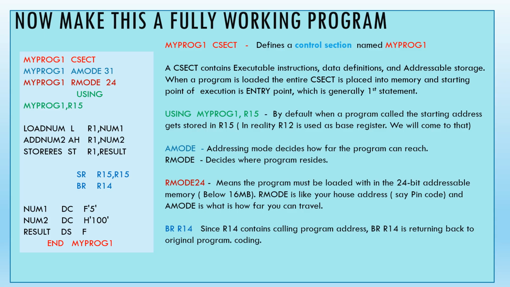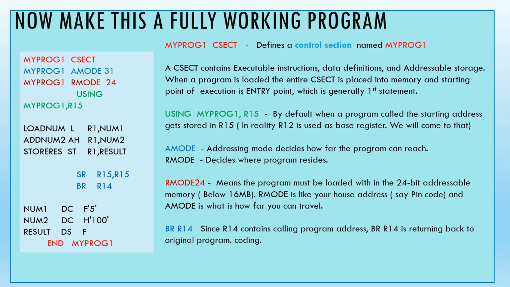A CSECT contains executable instructions like what we are seeing here, or data definitions, and addressable storage. That means these storage variables are within the CSECT. So when a program is loaded, the entire CSECT is placed into memory, and the starting point of the execution is always the entry point, which generally happens to be the first statement.